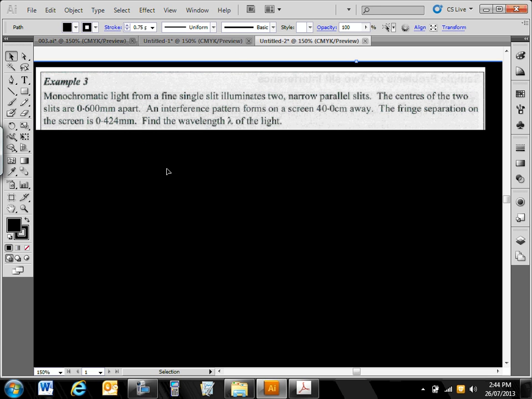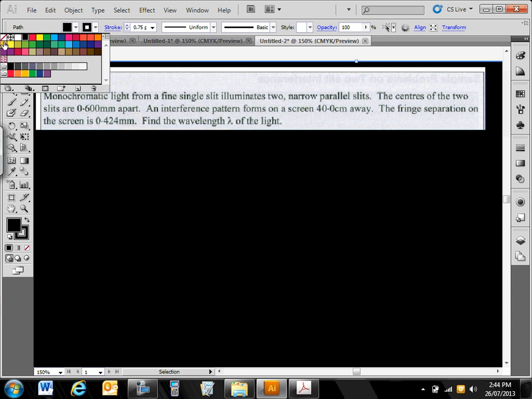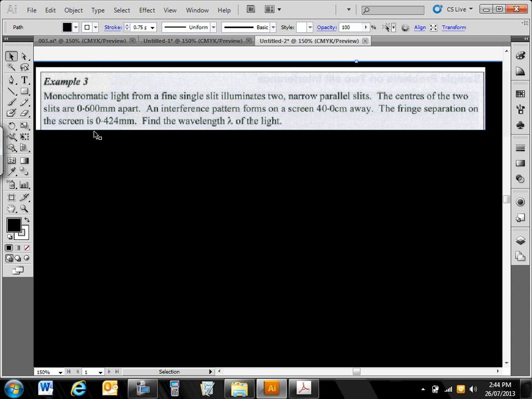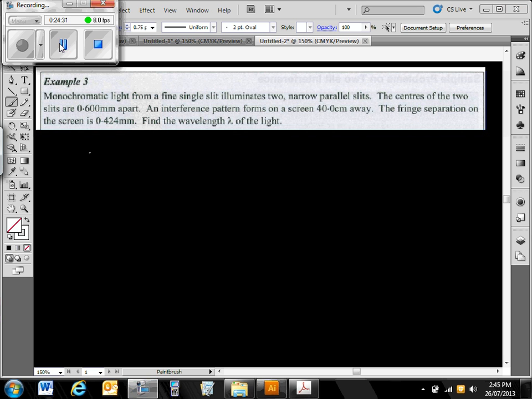The centers of the 2 slits are 0.6 millimeters apart. An interference pattern forms on a screen 40 centimeters away. The fringe separation on the screen is 0.424 millimeters. Find the wavelength of the light. This is a typical question from the practical that you will do. Have a go, please.